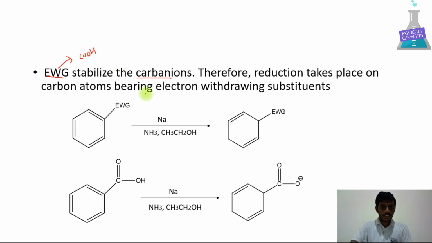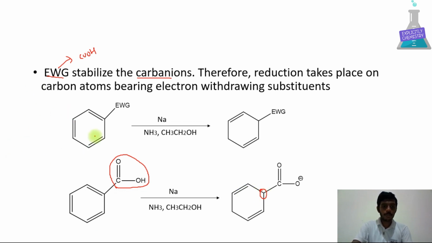For example, this is an electron withdrawing substituent, a carboxylic acid. We react with sodium in liquid ammonia and add alcohol. The reduction takes place at the carbon bearing the electron withdrawing substituent.